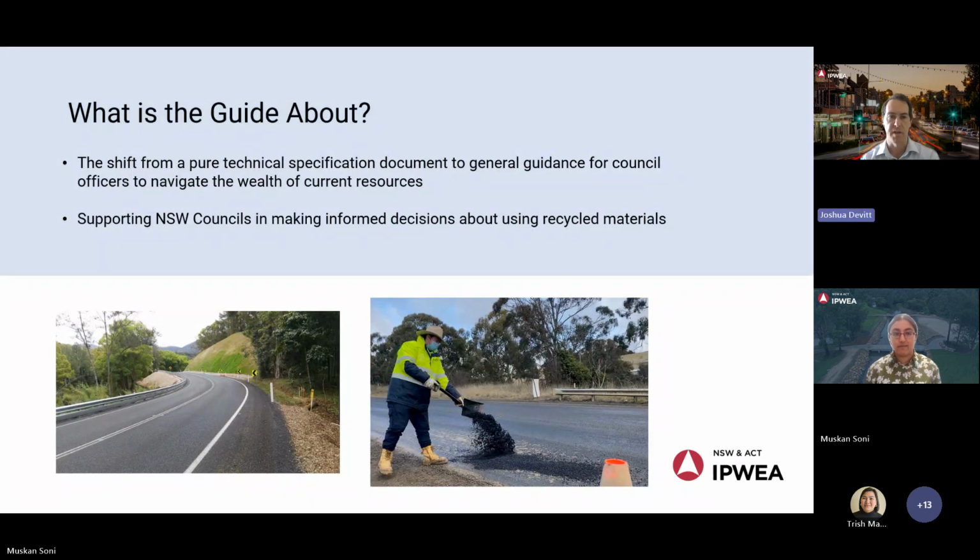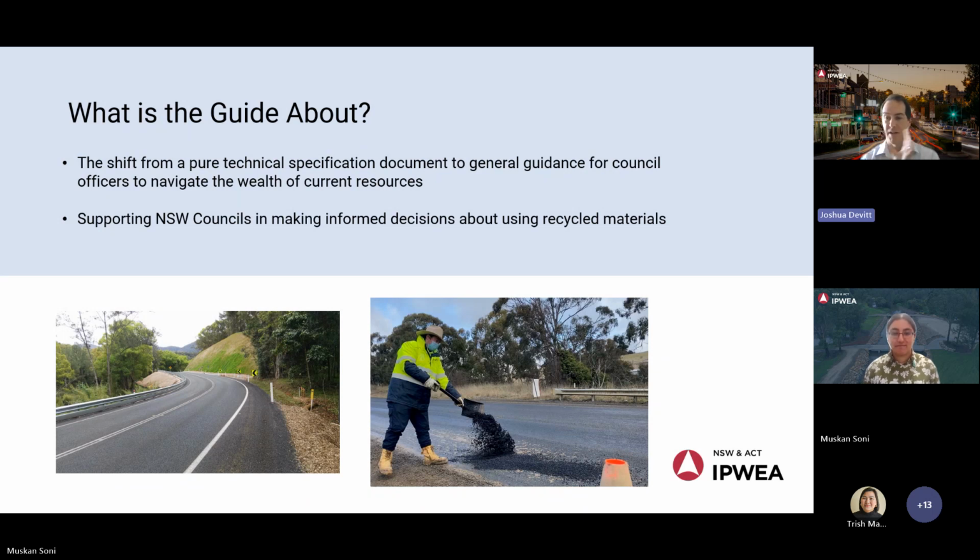Okay, so I think we've probably covered this, but as I mentioned before, it's really about that shift from being a purely technical document to one more around guidance and helping people navigate the wealth of resources. I wouldn't want to put a number on it; Muskan can probably do it more accurately than I can, but there's a lot of resources out there, and not just within New South Wales.